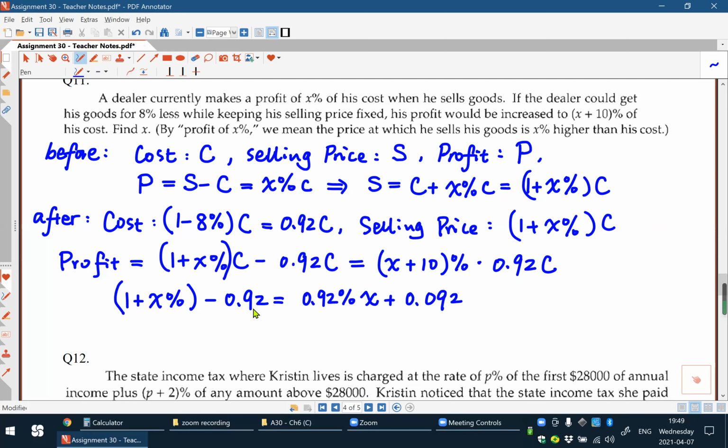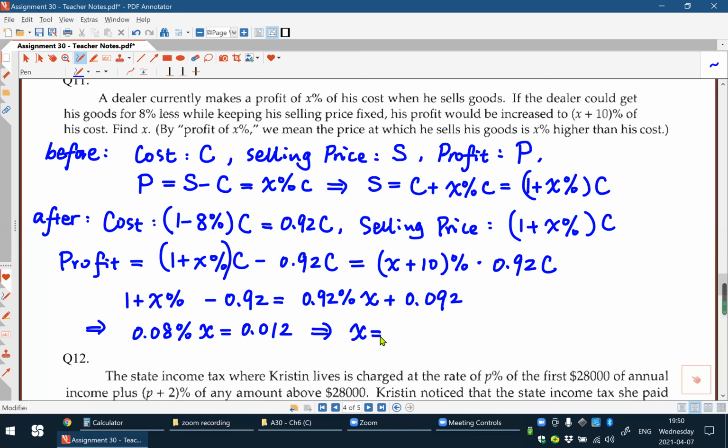One equation, one variable. We should be able to solve this equation. And this means 0.08 times X% equals 0.012.